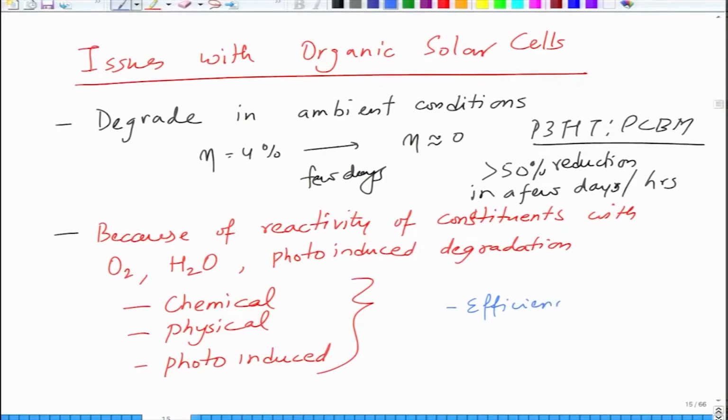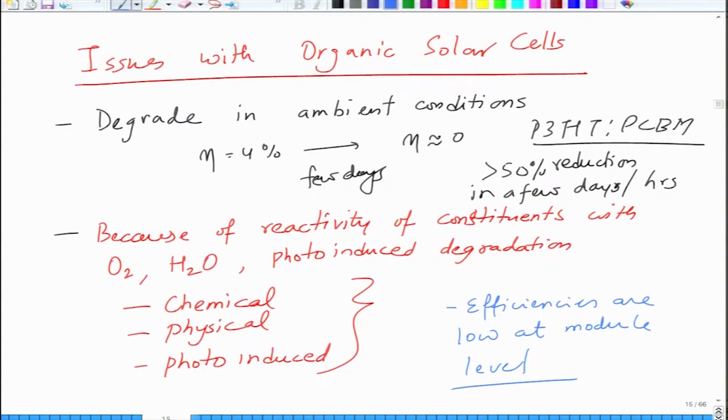Of course, efficiencies are low at module level, and poor degradation characteristics. So, these two problems have led to unsuccessful commercialization of this technology.